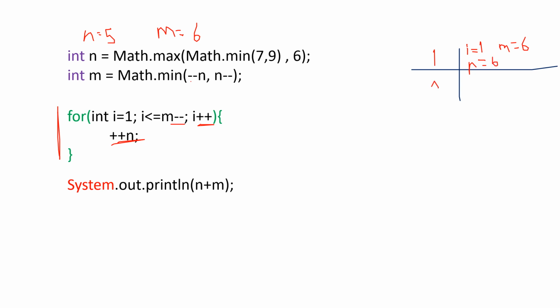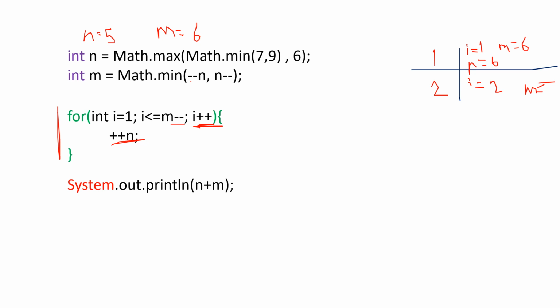Now let's see the second iteration. Here the value of i will be 2 because of the increment operator which is here. So i turned into 2. Then m will turn into 5 now because of the decrement operator.